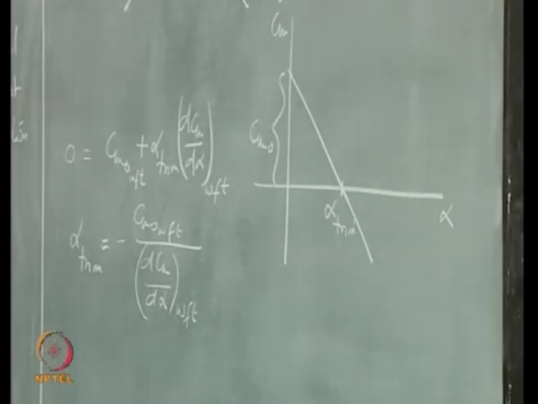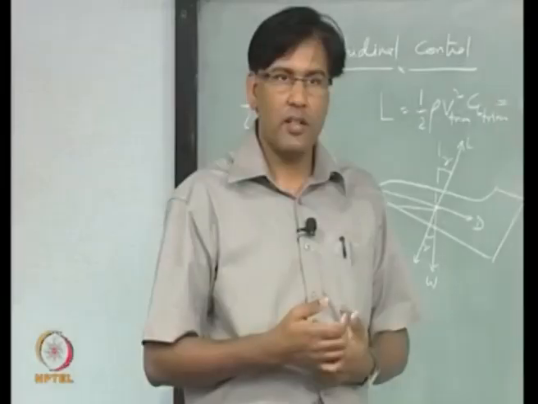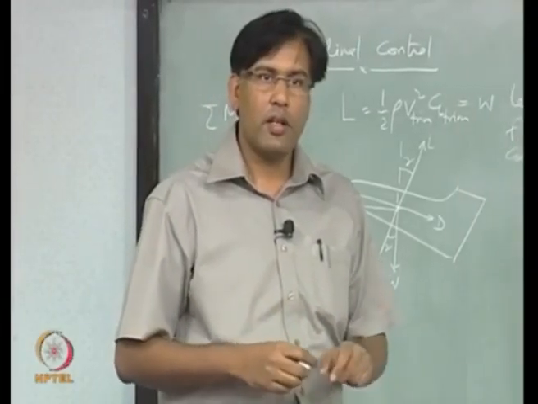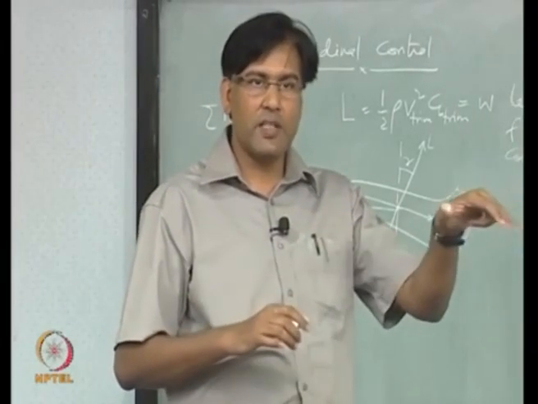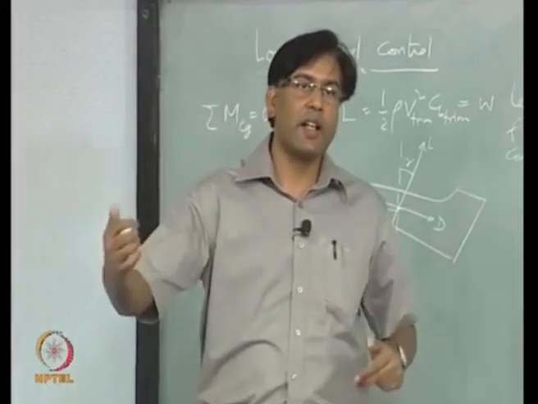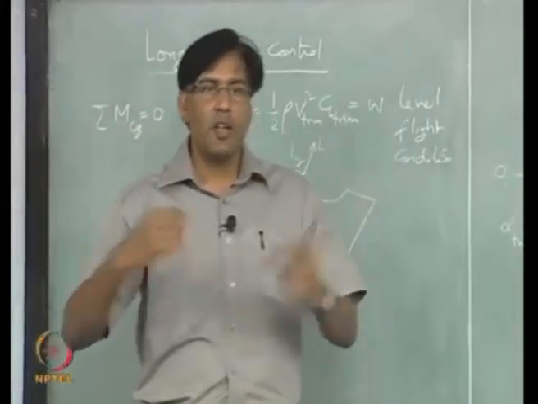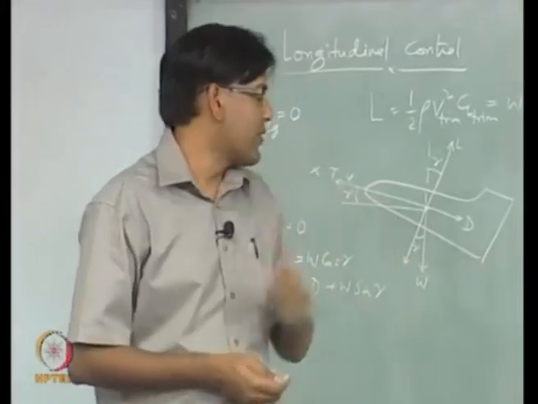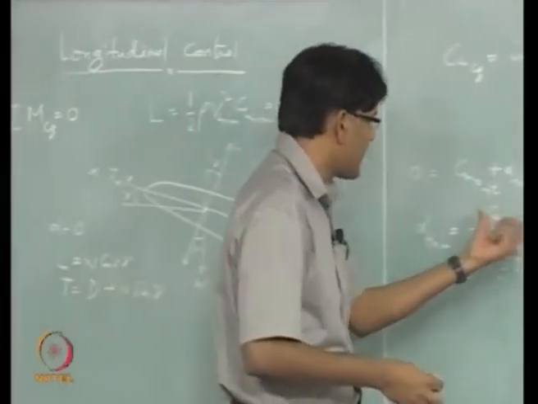right. So how you can do that in flight? There will be flaps, leading edge flaps on the wing and the trailing edge flap also, which you can adjust. So you get a different camber and you can modify this.